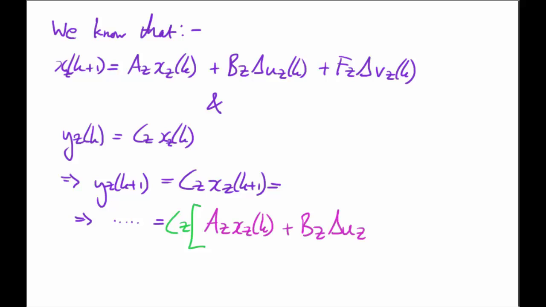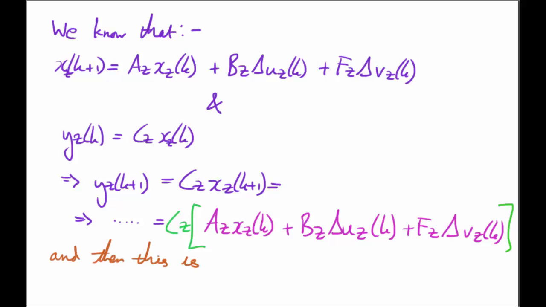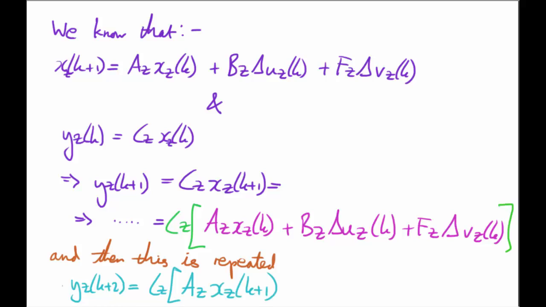And you can see here that yz k plus 1 is in terms of all the present terms, and it's in terms of the state we have at that instantaneous moment and the values which we must predict, which are the excitation forces, delta v, sorry, and the predicted PTO forces.